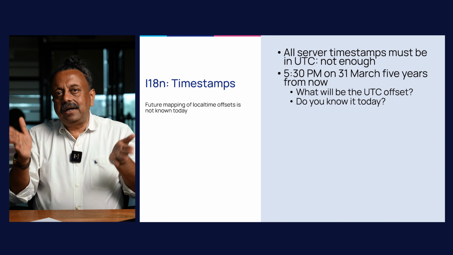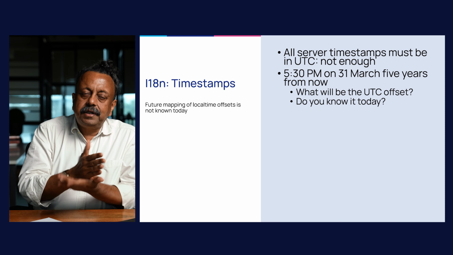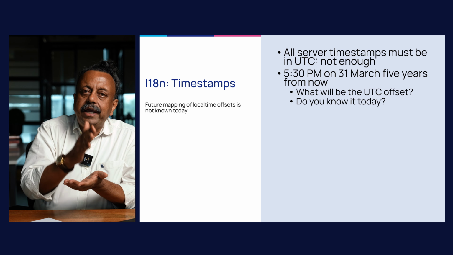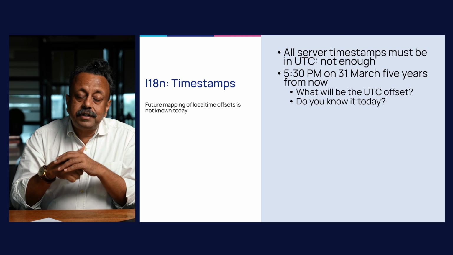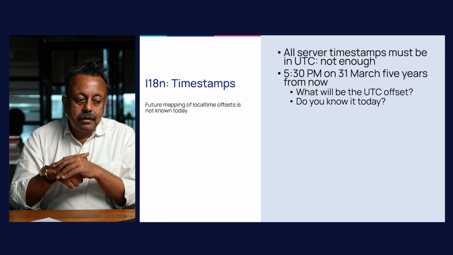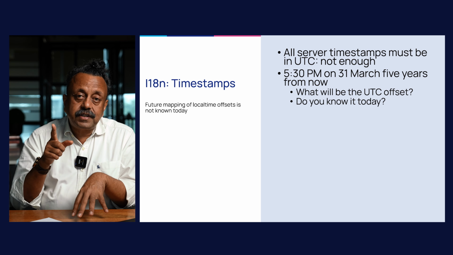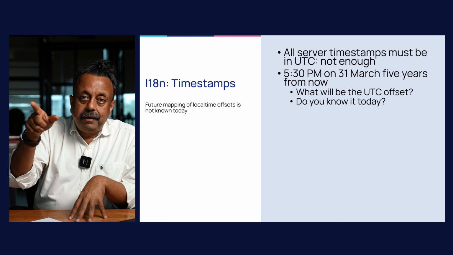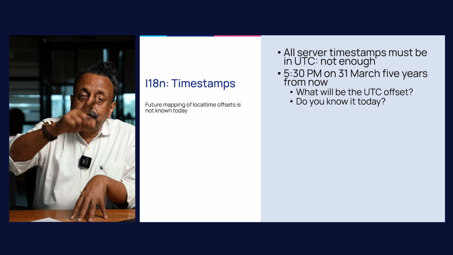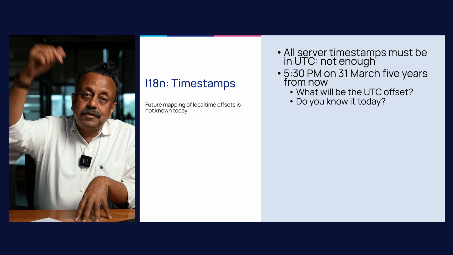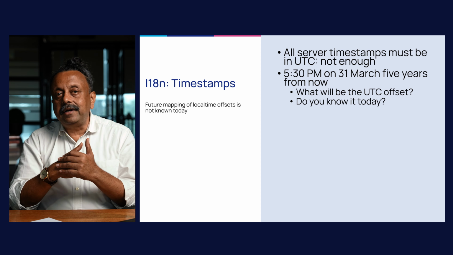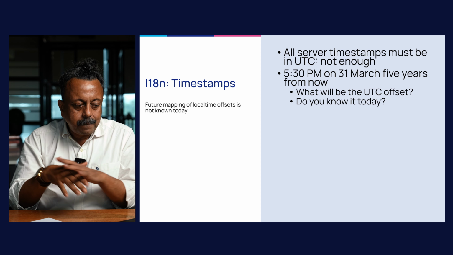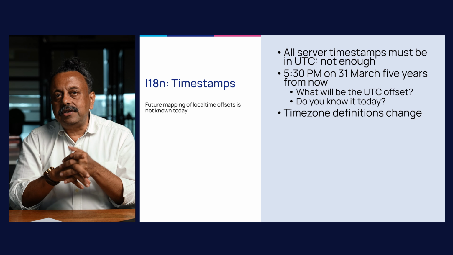The world will agree 5:30 p.m. 31st March in New York today is going to be UTC so and so. But what if it's 5 years from now? What will be the UTC offset of this local time, if this local time is for 31st March of the year 5 years from now? You cannot predict it, and let me explain why. Time zone definitions change.